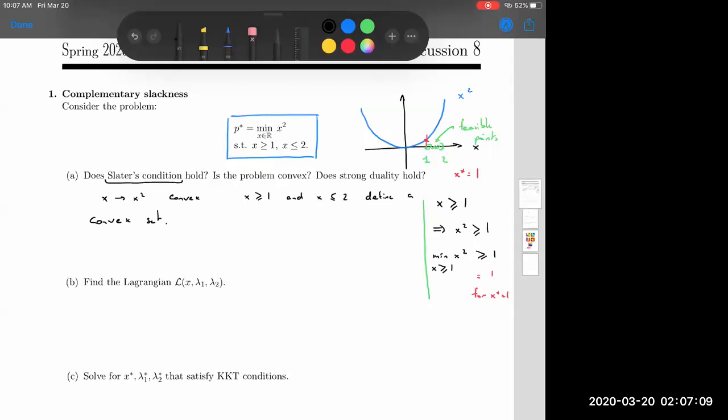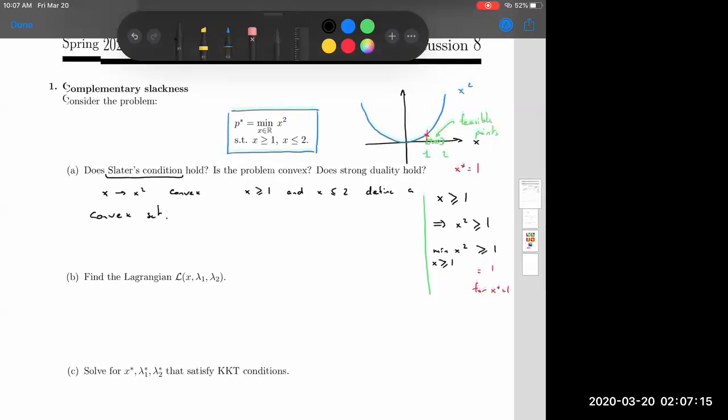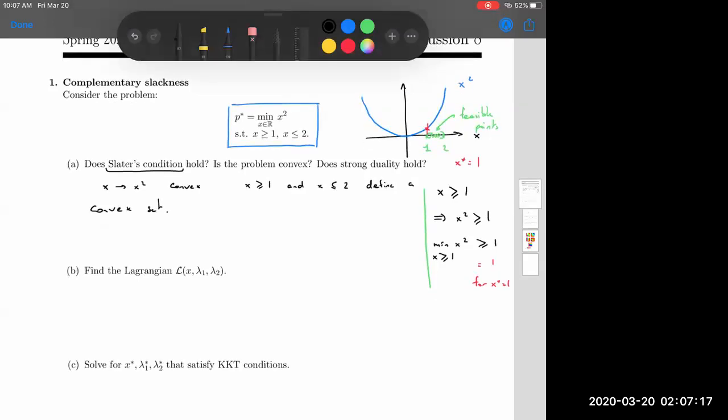For the Slater conditions to hold, you need to have at least one point in the relative interior of your feasible set. So here if you have x equal to 1.5, it is strictly greater than 1 and strictly smaller than 2.